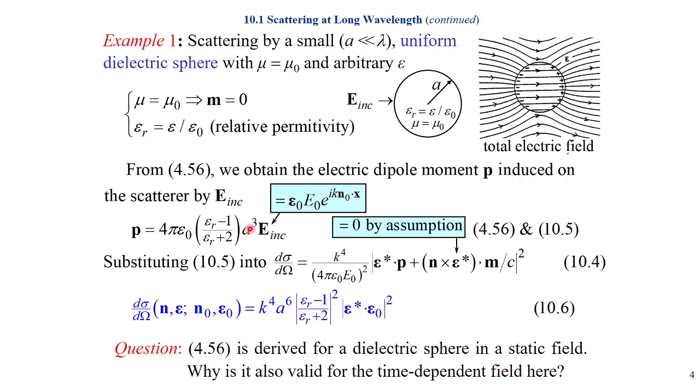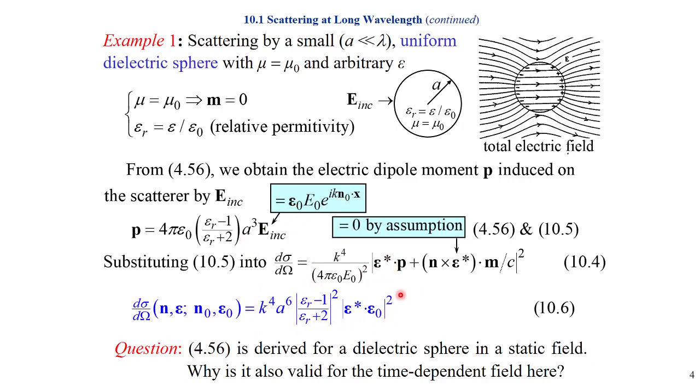This one cancels out. A to the power of 6, k to the 4th power, and epsilon r minus 1 over epsilon r plus 2, squared. And importantly, this one is epsilon complex conjugate dot epsilon 0.